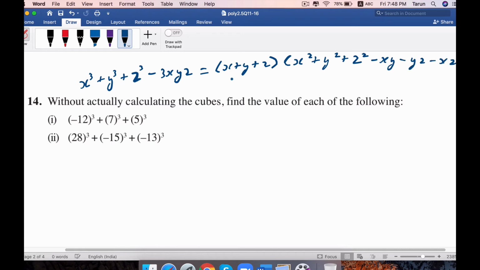Now over here, if this becomes 0, I will simply get x cube plus y cube plus z cube is equal to 3xyz.